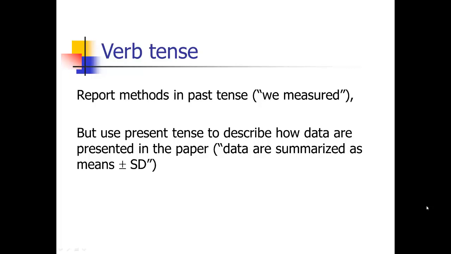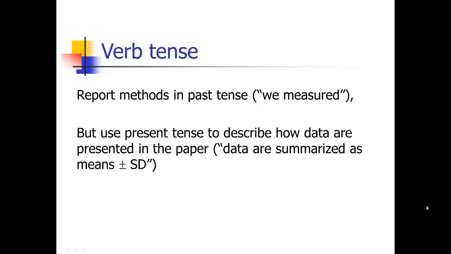For the verb tense in the method section, as in the results section, you're going to report methods that are already completed in the past tense because it's already done. We measured, we enrolled, we analyzed, the data have already been analyzed, all that's in the past. But again, same as with the results section, you're going to use the present tense to describe how the data are presented in the paper, because when the reader reads the paper, they're still presented in that way.